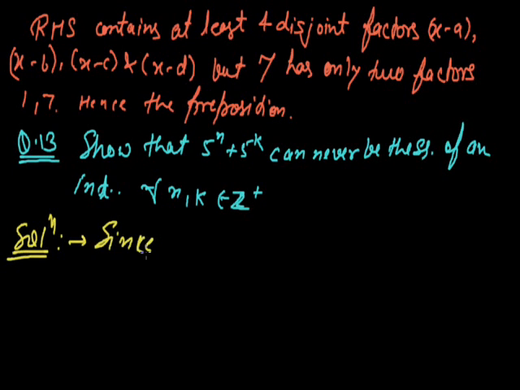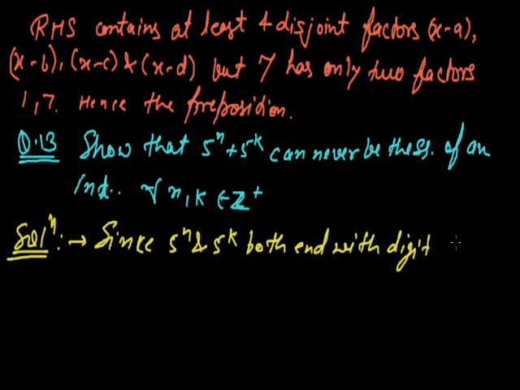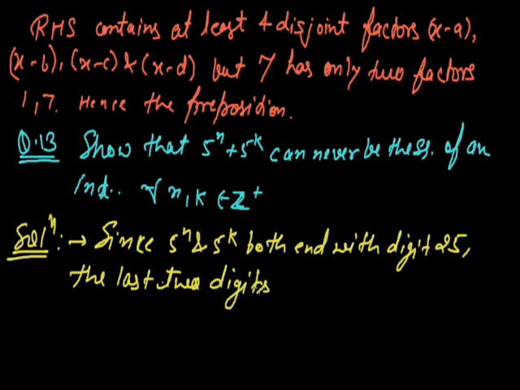Since 5 raised to power n and 5 raised to power k both end with digits 25, the last two digits of 5 raised to power n plus 5 raised to power k are 50.